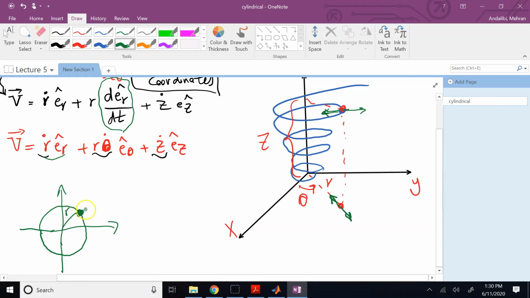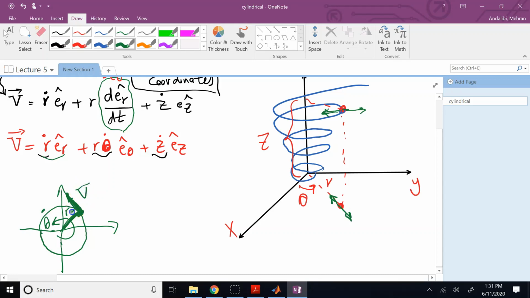What was the velocity that we derived in the past for a particle going on a circle? Do you remember? If this line that connects the particle to the origin, the position vector, rotates with angular velocity theta dot, do you remember what the velocity was from one of our previous lectures?